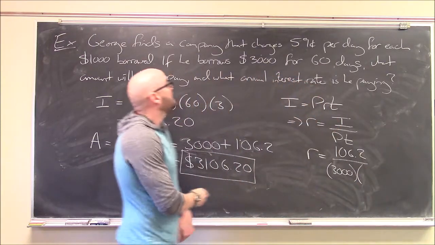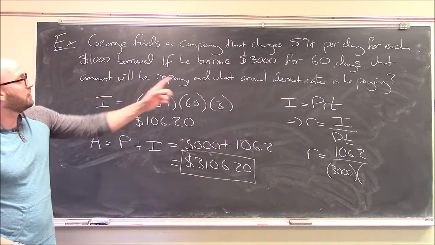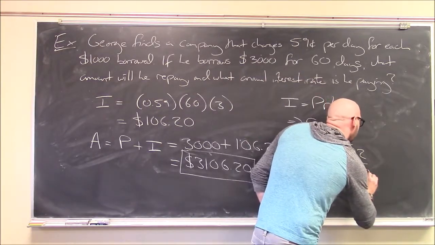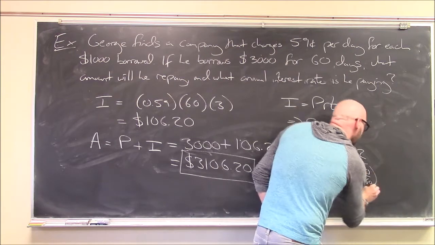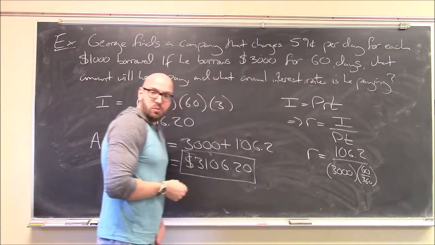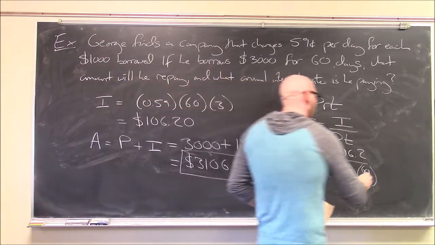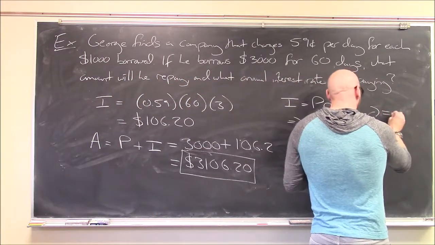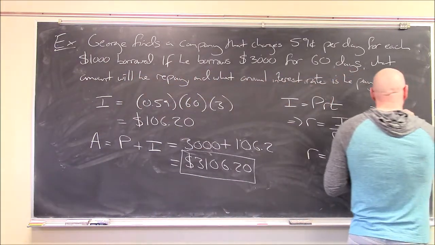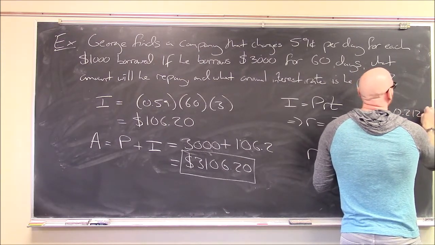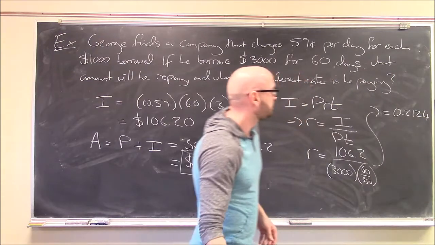And the time in years, he borrows for 60 days, 360 days in a year, so the time in years is 60 over 360. A nice number, that's just 1/6. And you plug this into a calculator, and you find that R comes out to, I've rounded here to 4 decimals, 0.2124.